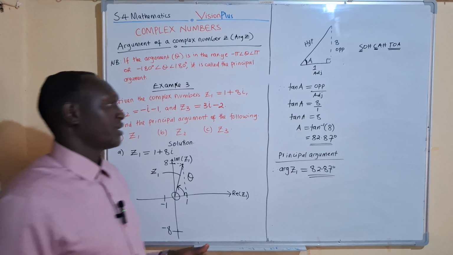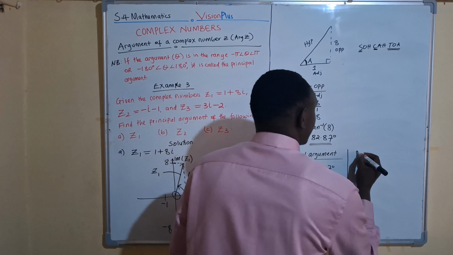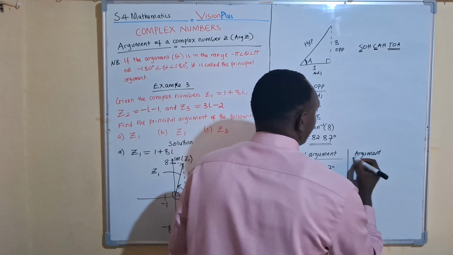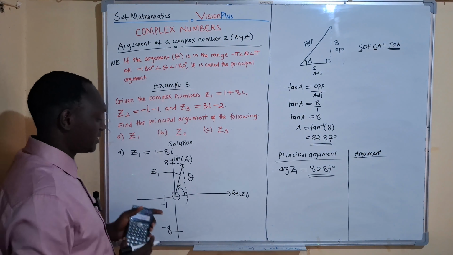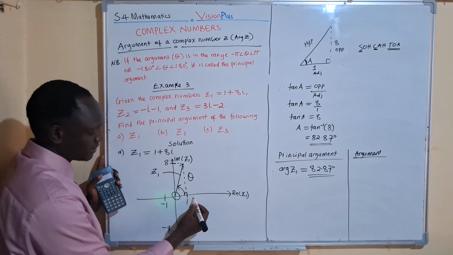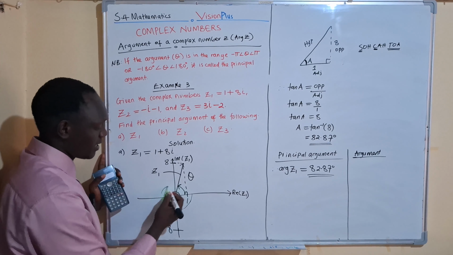Otherwise, if it was not in that range, we would just call it the argument. And what is the value that can fall outside that range? It is when we take it clockwise from here all the way up to there.